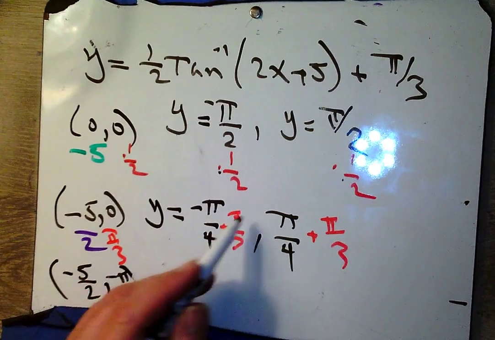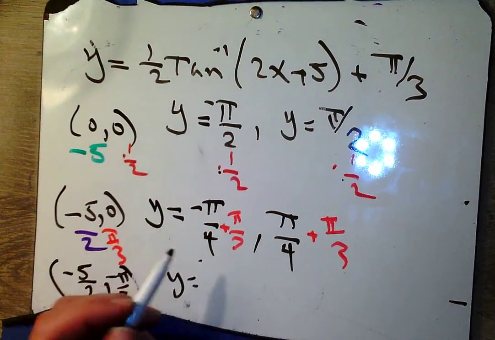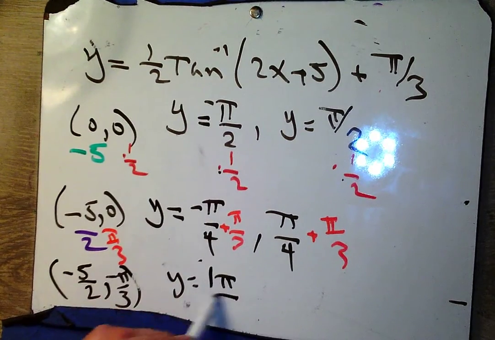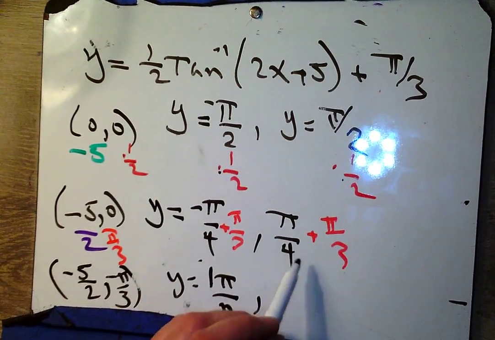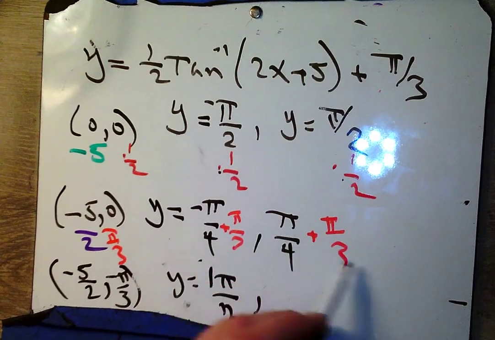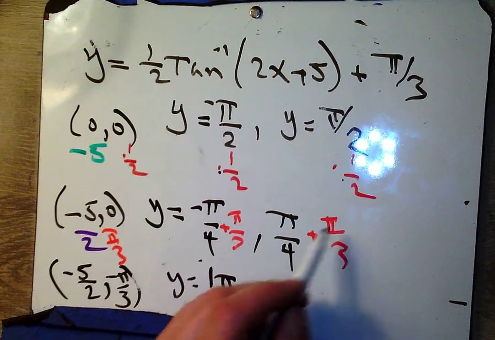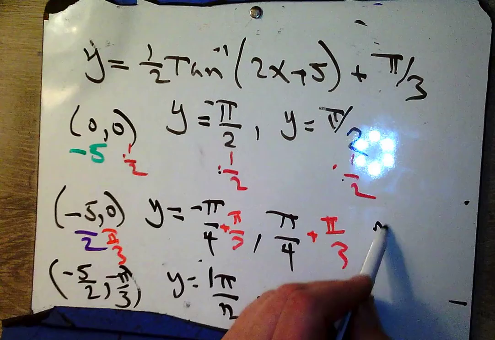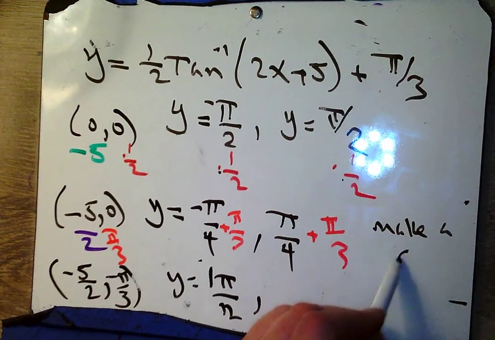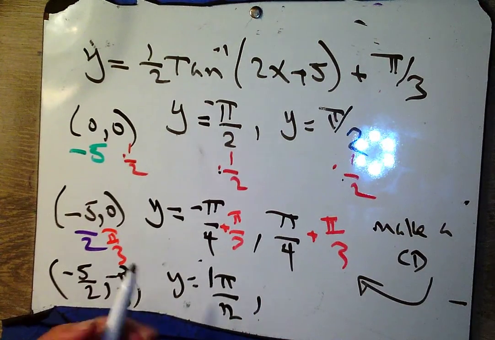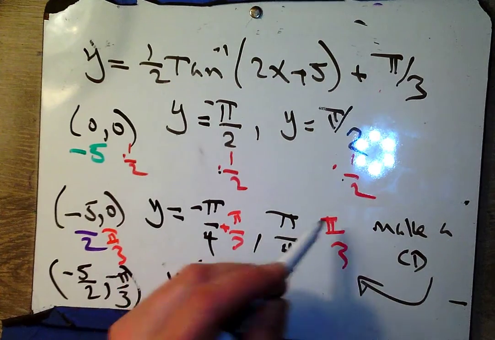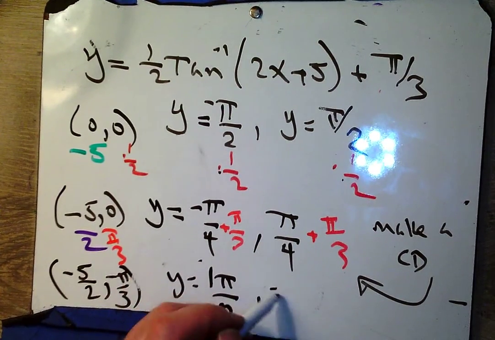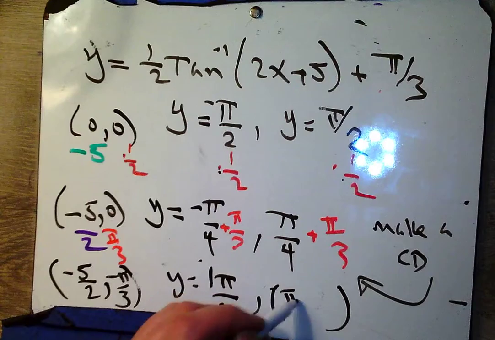Minus 3 over 12 plus 4 over 12 is 1 pi over 12. And then what about here? Well, again, I'm going to have 3 pi over 12 plus 4 pi over 12 when I make the denominator. Okay, so 3 plus 4 is 7 pi over 12.